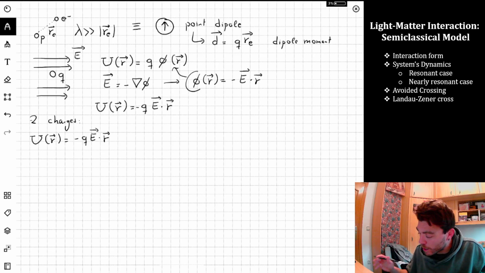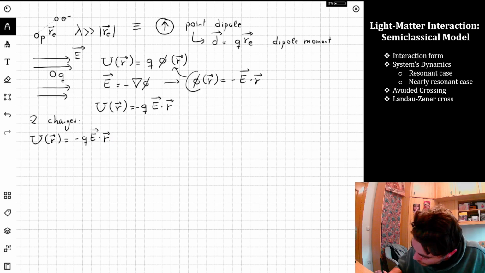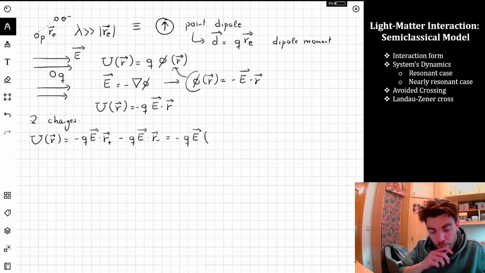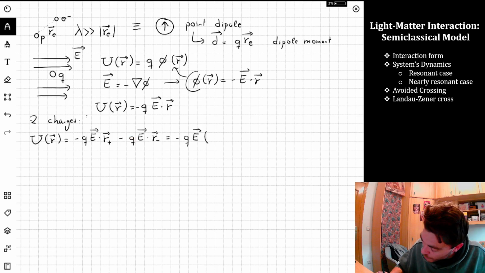You can more or less see where we are going. Let's consider the charge plus that has a position R plus, and then we will have minus Q E times the position R minus. But this is exactly minus Q E, and then, I'm considering two charges, but one has Q and the other has minus Q, right?